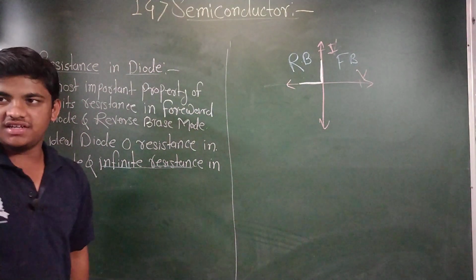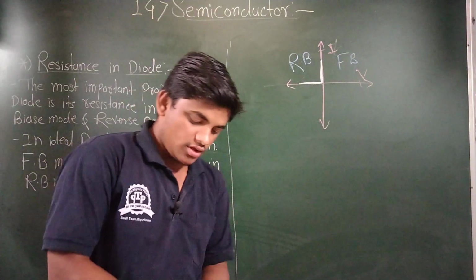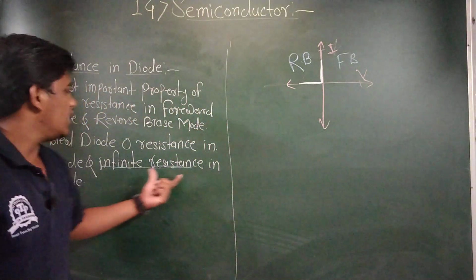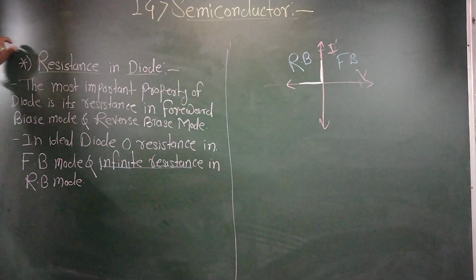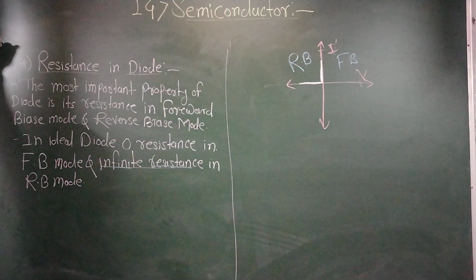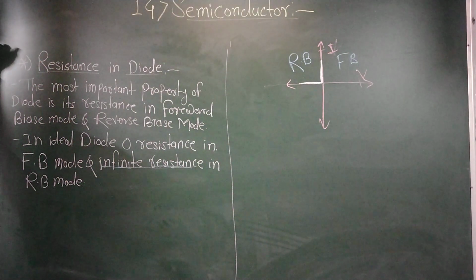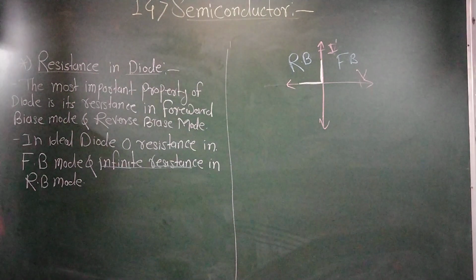Now let's discuss the two types of resistance in the diodes. One is DC resistance, also called static resistance.